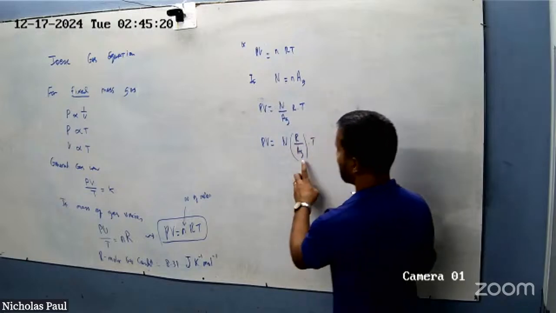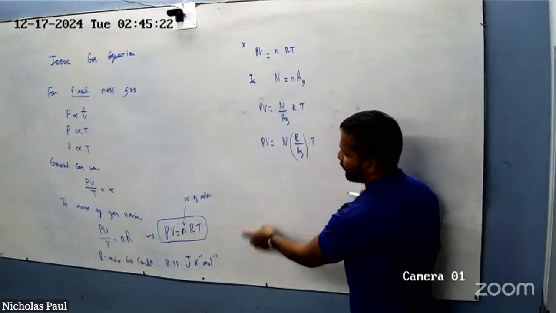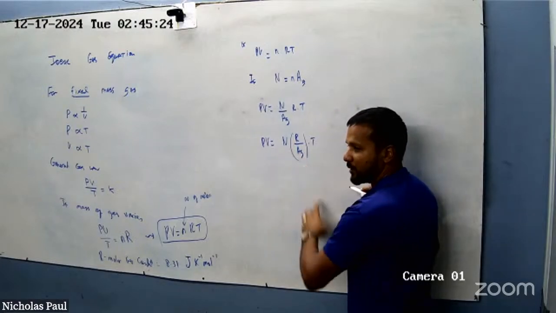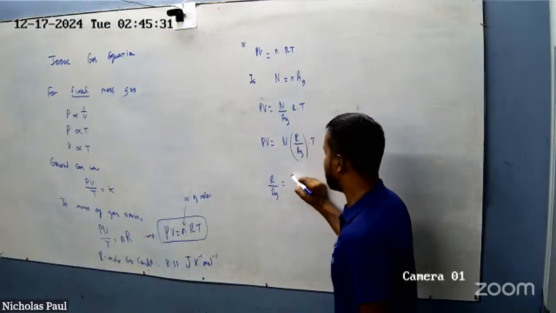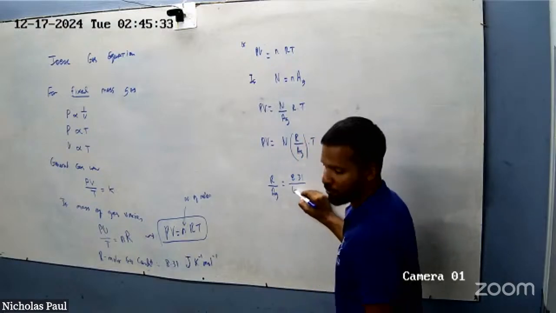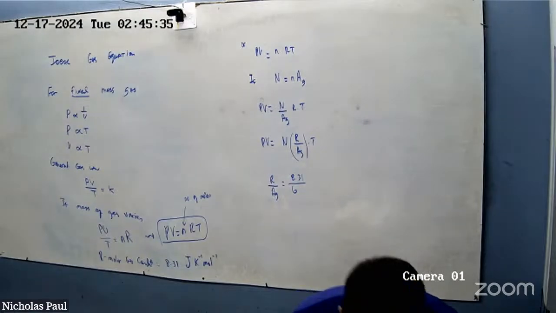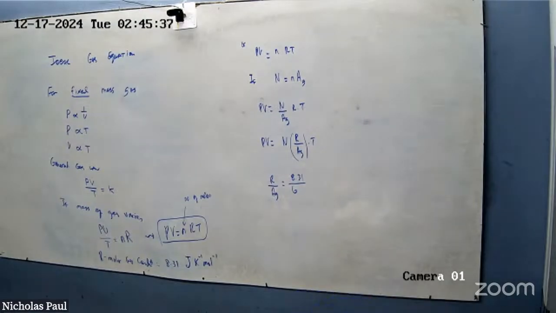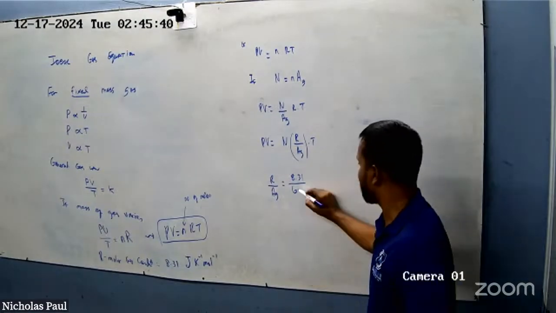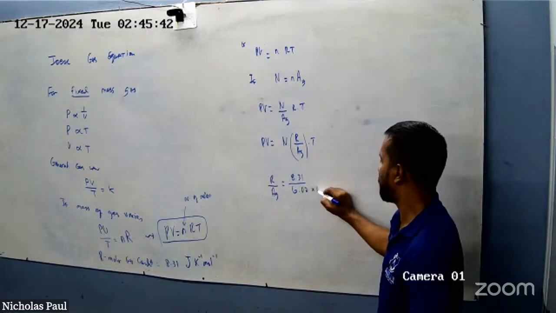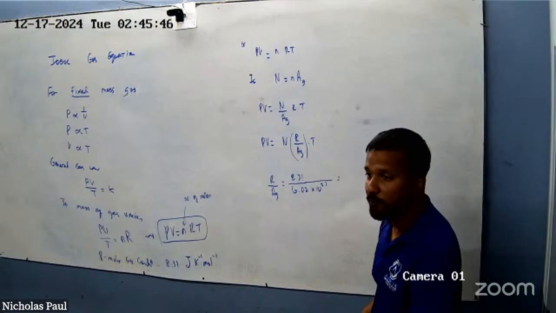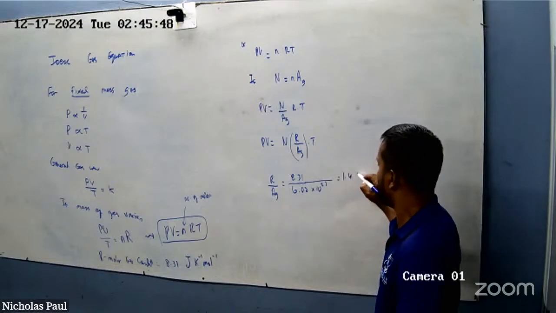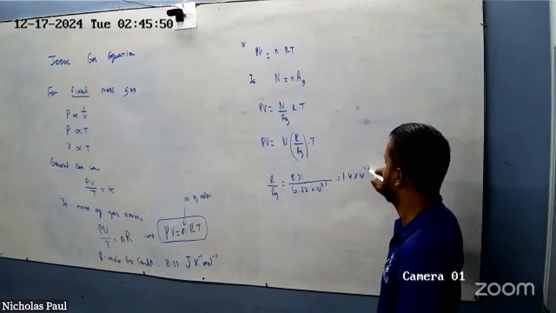Do me a favor now. Just divide 8.31 by the Avogadro constant. Tell me what you get. What did you get? 1.4 times 10 to the minus 23.